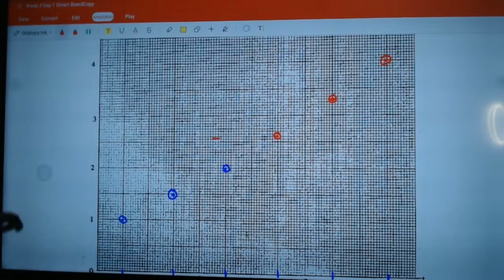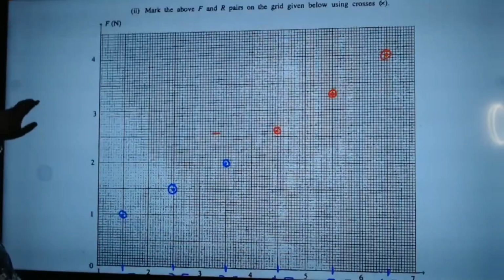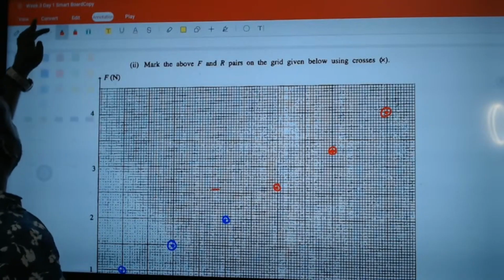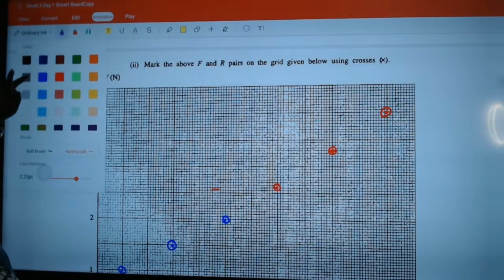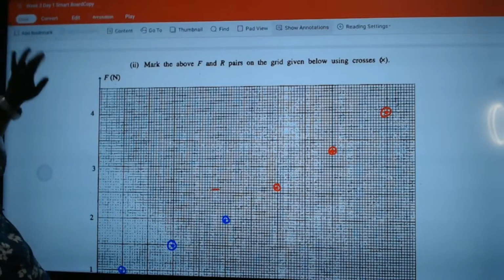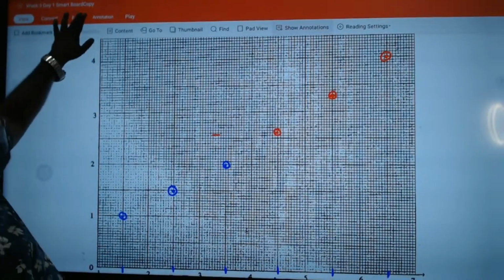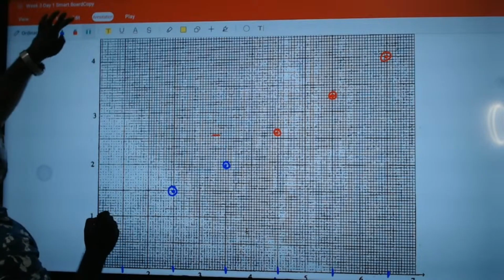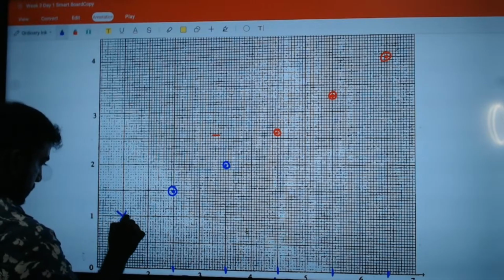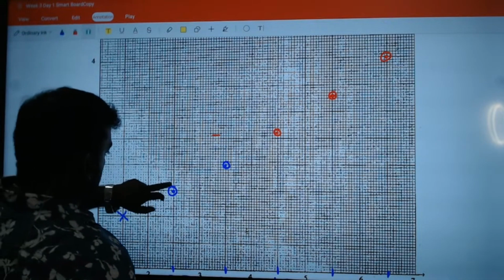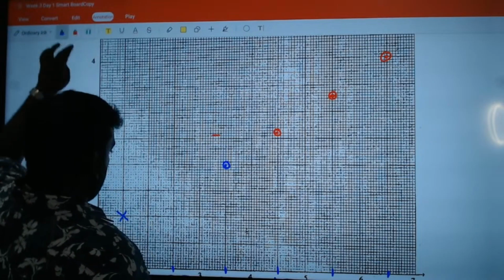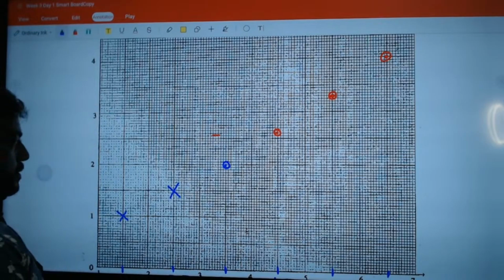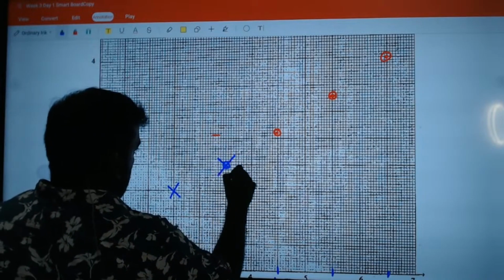Then what? Mark. Using crosses, we'll mark this cross. Easy. Then what? Crosses.